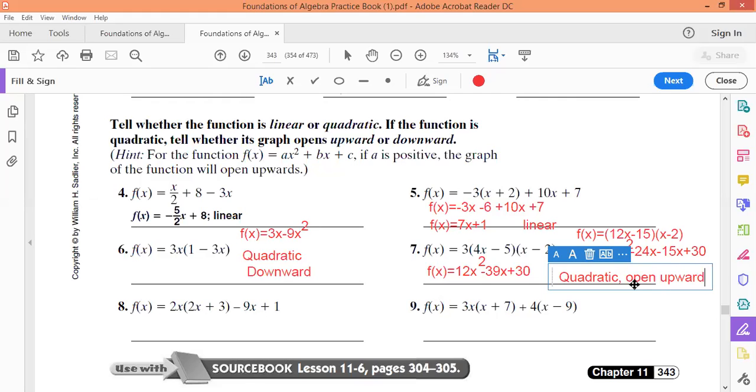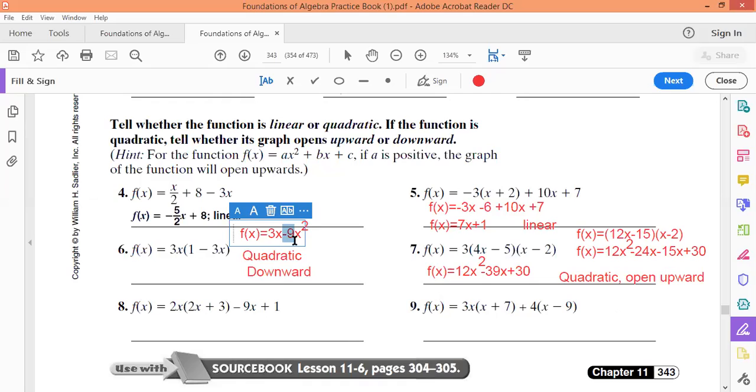Okay, teacher, how will we know the difference between upward and downward? Here, look at there. With x square, can you see this 12? When it is a negative value, it will be downward. Okay, see, 12, minus 9. As you can see here, it's minus 9.